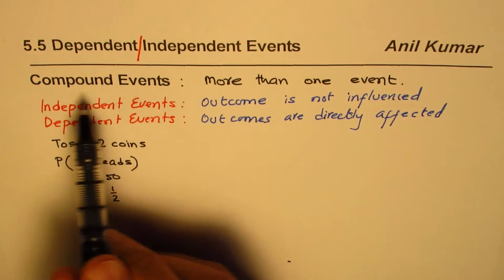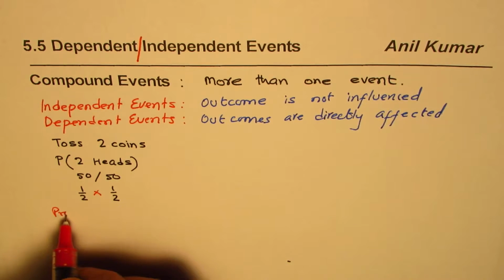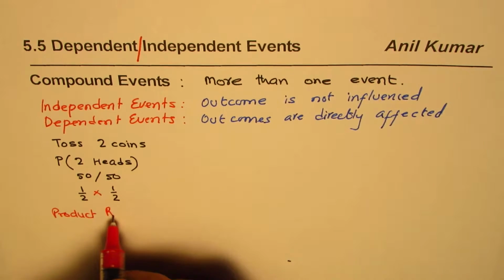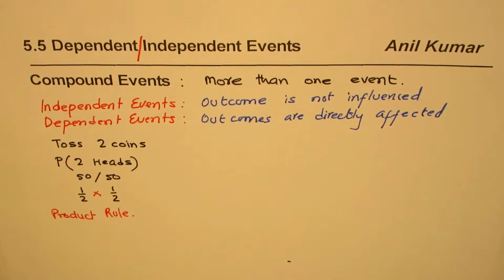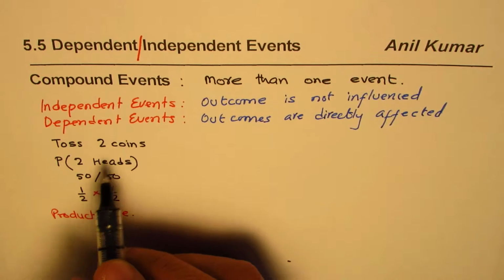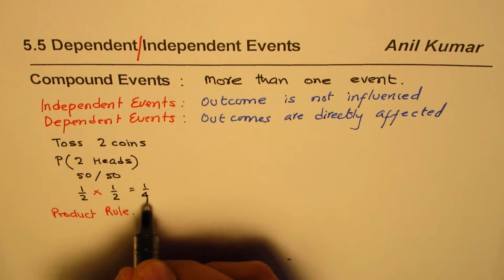Now when both these events have to happen, the probability of both happening together will be the product of these two, right? That is how we find the probability of independent events. We apply the product rule. So the probability of having two heads will be the probability of each multiplied, and we get 1/4 as our answer.